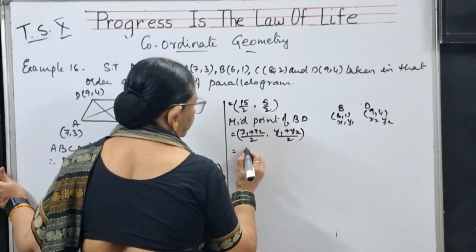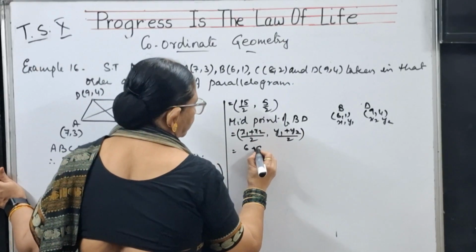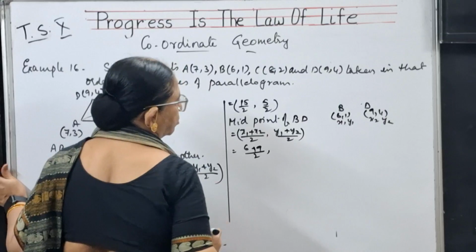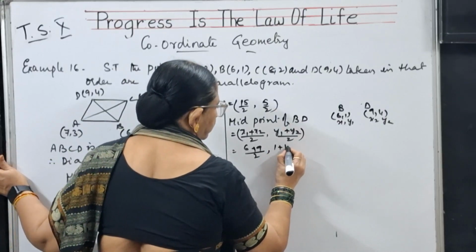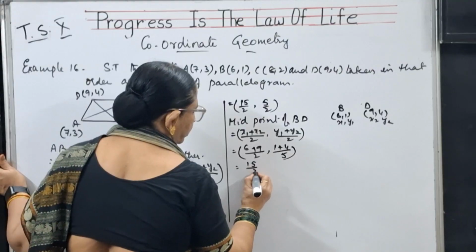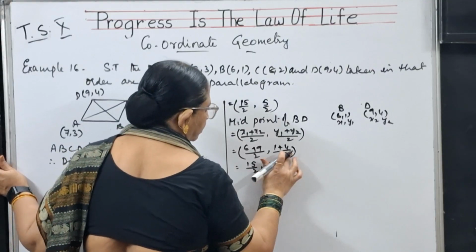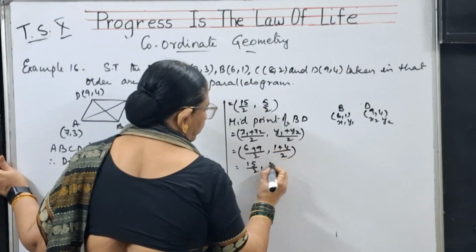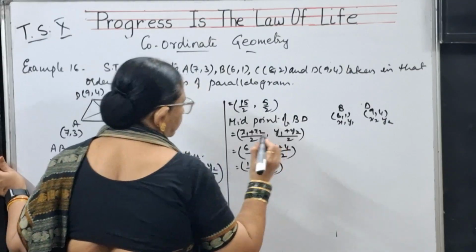So x1 is 6 plus x2 is 9 by 2, comma, y1 is 1 plus y2 is 4 by 2. This is 15 by 2, comma 5 by 2.